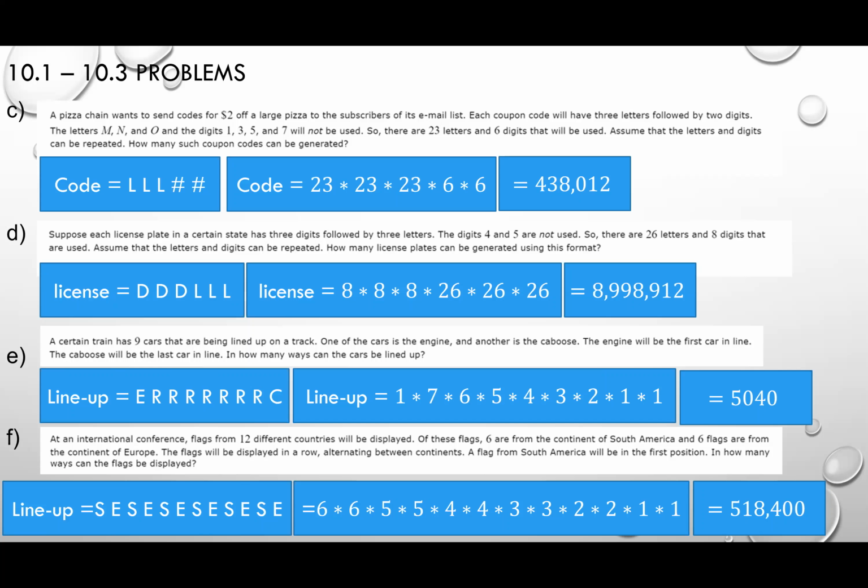So first of all, on how to determine, the main thing is you have to determine how many slots or how many categories, how many items that you have, right?